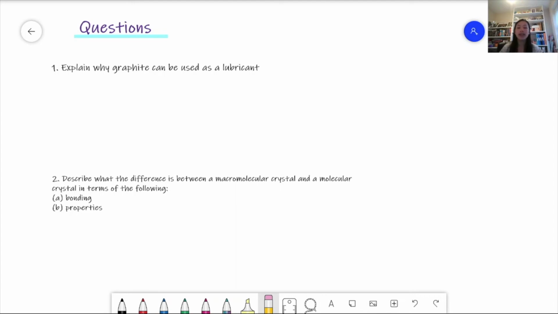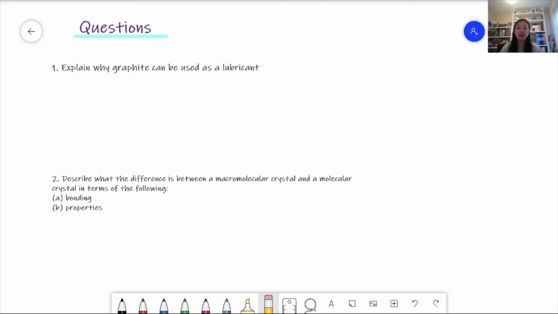The bonding in a giant covalent is very, very strong bonds between the atoms. In molecules, the bonding is strong covalent between each atom, but between molecules, there's very weak intermolecular forces.